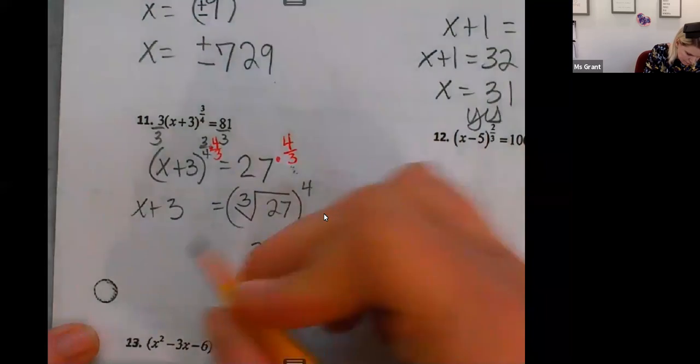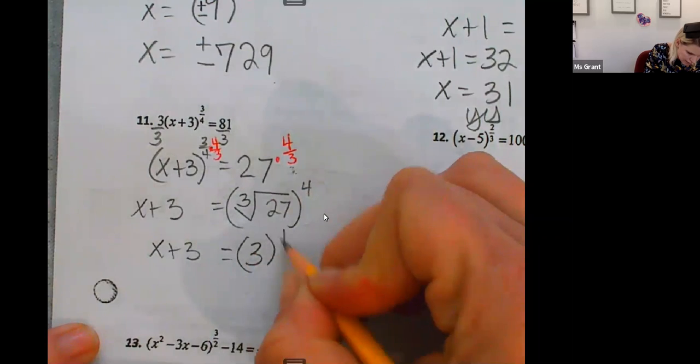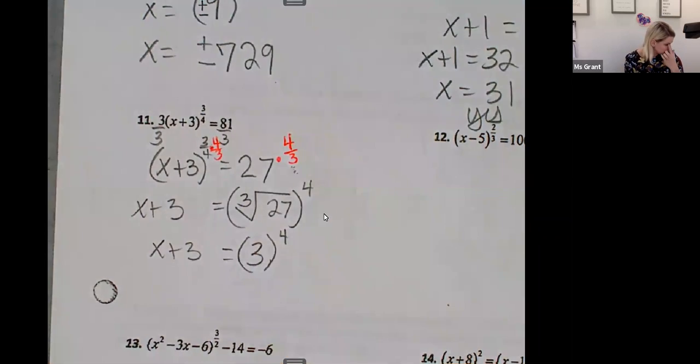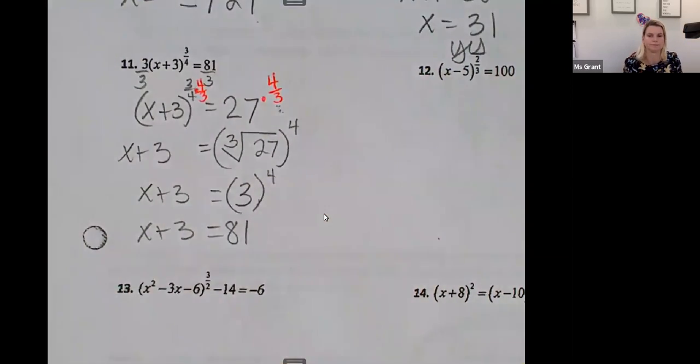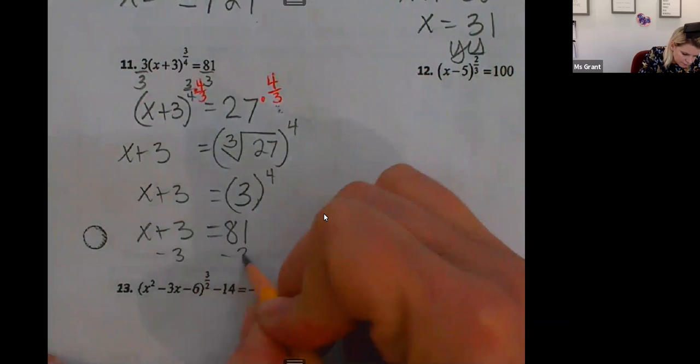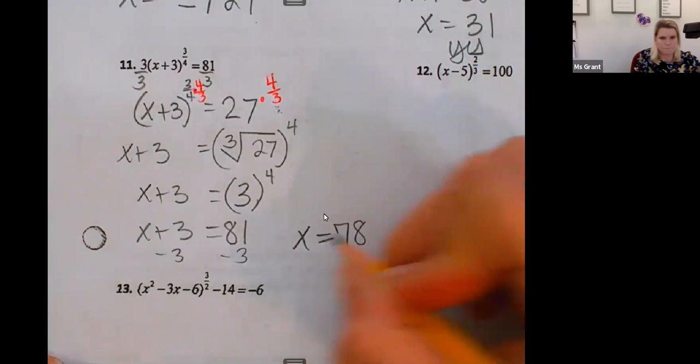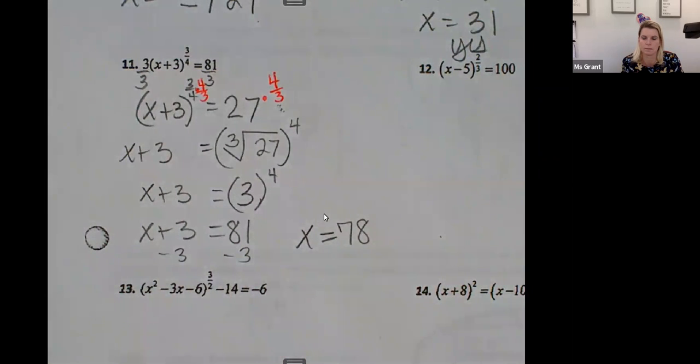It's just 3. 3 raised to the power of 4. 3 times 3 is 9, times 3 is 27, times 3 is 81. x plus 3 equals 81. And I just solve. x equals 78.